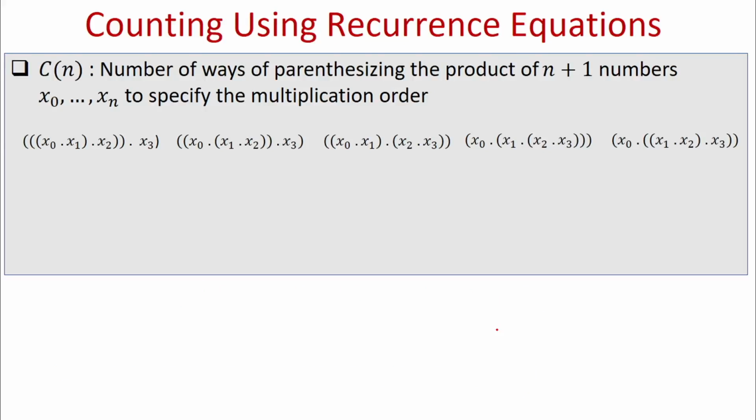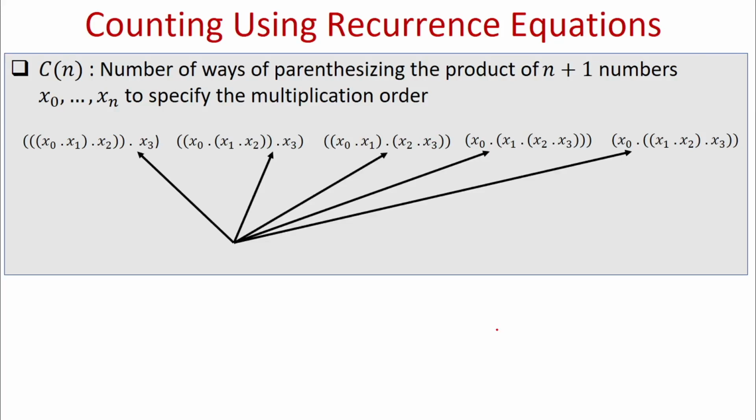So let's proceed toward formulating the recurrence equation, and I am retaining here the case where I had 4 numbers and the 5 ways of parenthesizing them. As a general principle, whenever we want to formulate a recurrence equation, we have to think of how to break the nth problem instance into problem instances of a smaller size, and then try to see the relationship. That's the general philosophy of formulating recurrence equations.